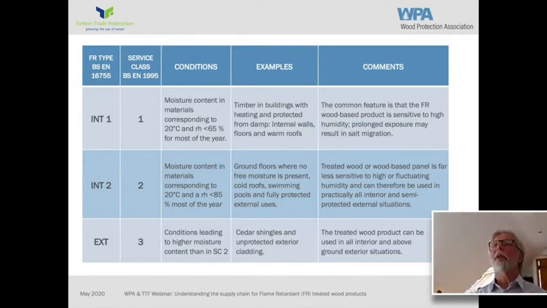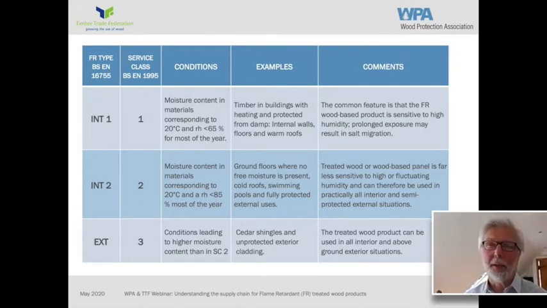And we have three classifications of durability of a flame retardant. Interior 1, which is only for dry interior applications. Interior 2, where again it's interior, or we call them semi-protected. It could include cladding that is coated and maintained. So the treatment is not directly exposed to leaching environment, but they're suitable for humid environments.